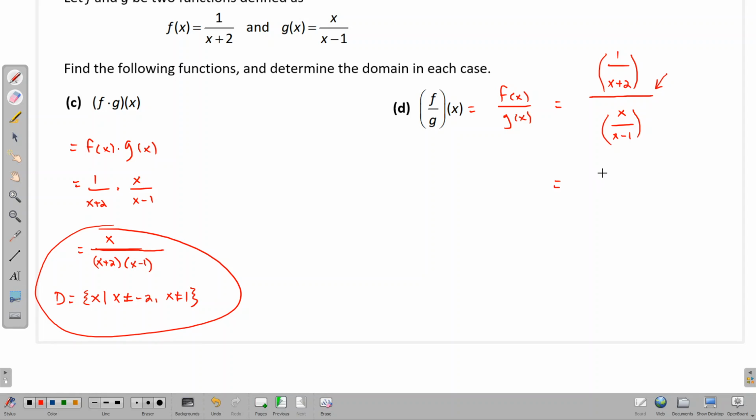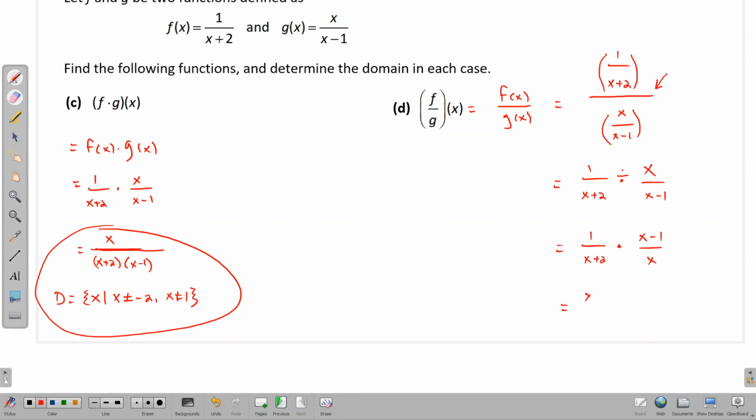This could be written as 1 over x plus 2 divided by x over x minus 1. But when we divide, it's the same as multiplying by a reciprocal. So again, that's keep, change, flip. If we're taking this and dividing by this, keep the first the same, change this to multiply, flip the second term there.